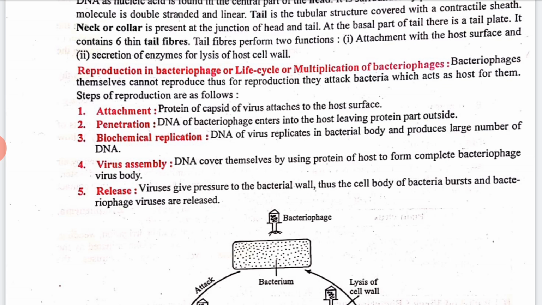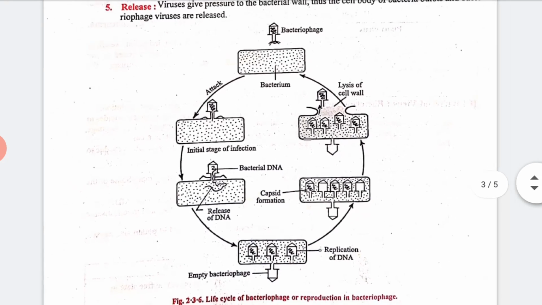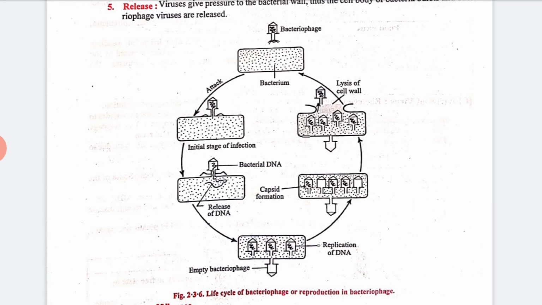Clear? Now at the last, release. The virus gives pressure to the bacterial wall, thus the cell body of the bacteria bursts and the bacteriophage viruses are released. I'll show you the cycle, how it looks. You can see this is the life cycle of bacteriophage, or reproduction in bacteria. Clear?